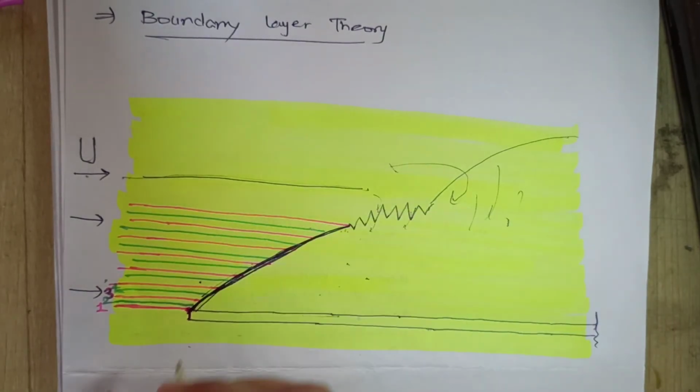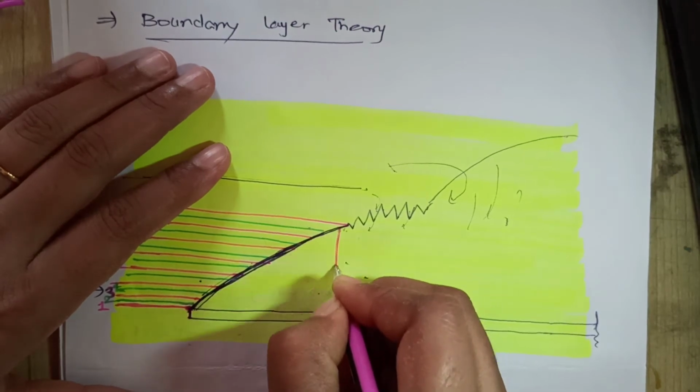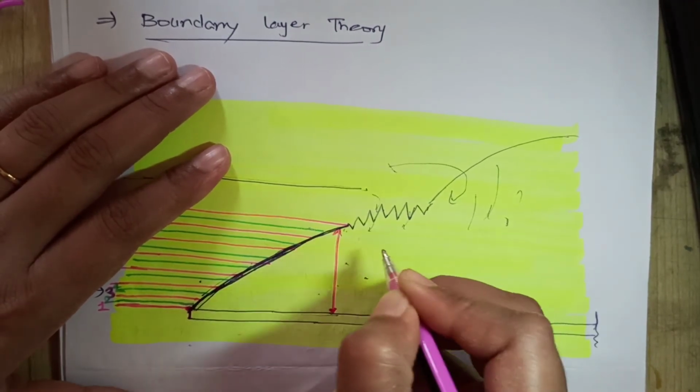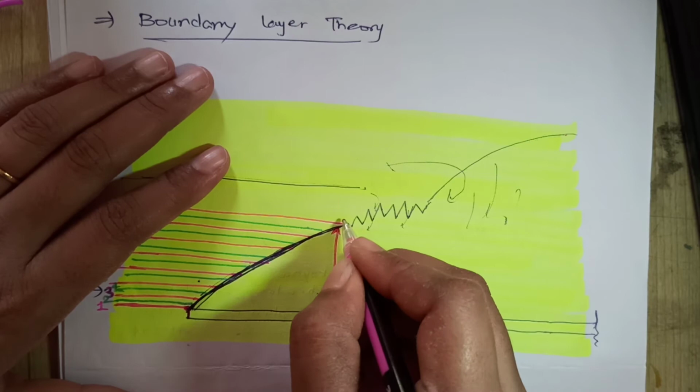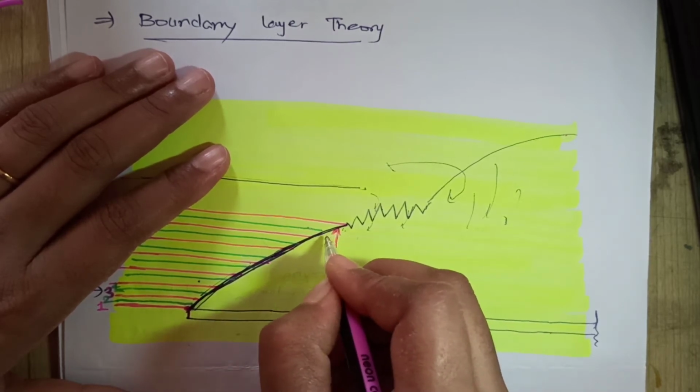Okay, so what do we mean by the boundary layer? Boundary layer is that layer where there is a velocity profile, and within the boundary layer the velocity profile looks like this.